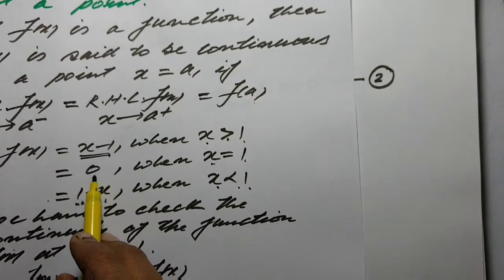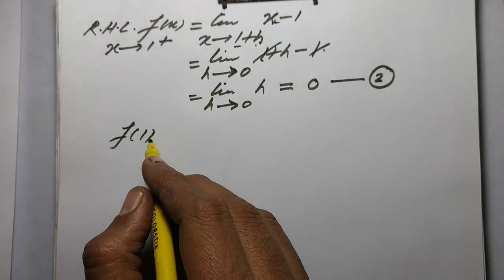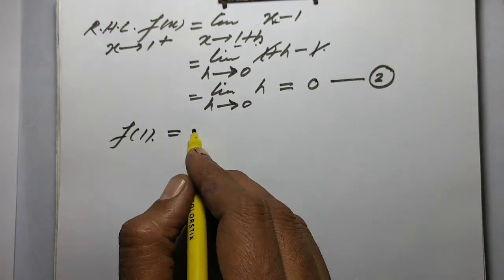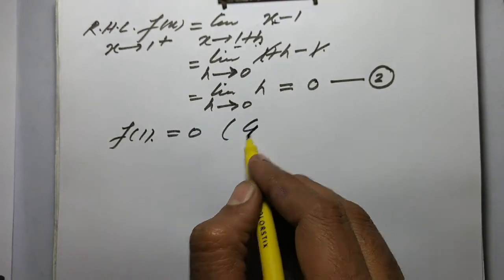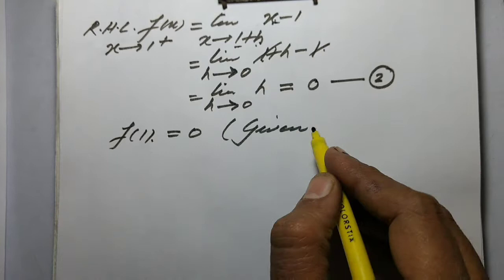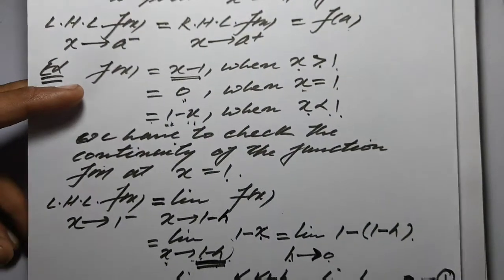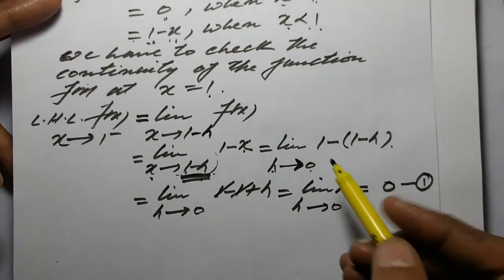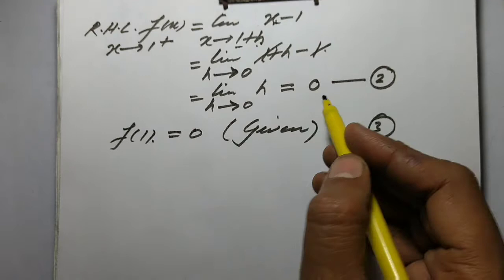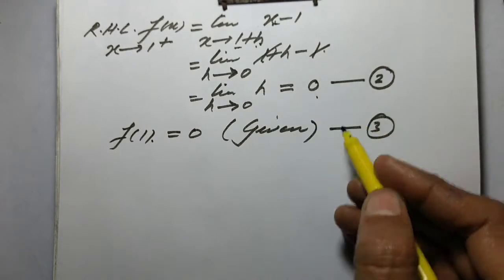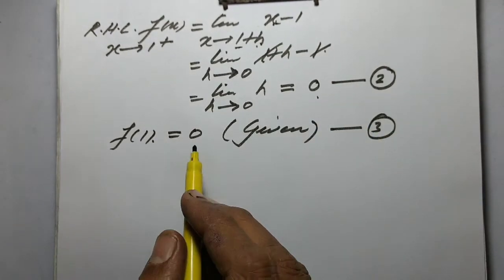So f(1) is equal to 0. This is equation number 3. As we observe here, left hand limit is 0, right hand limit is equal to 0, and the functional value is equal to 0.